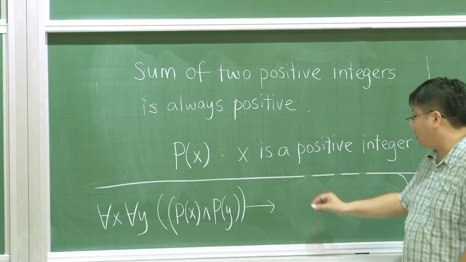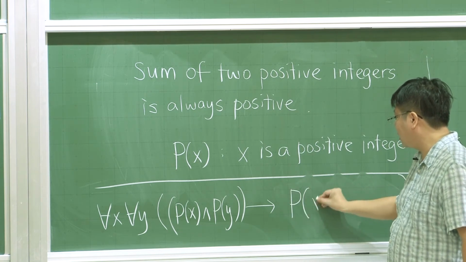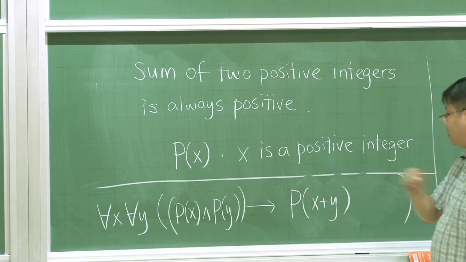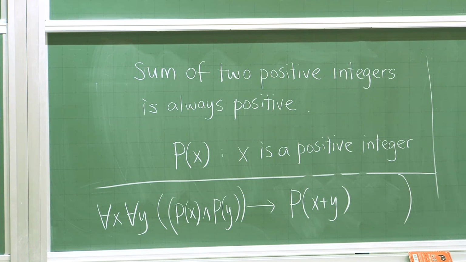I'm simply saying that this is P(x plus y). Does that make sense? So we remove a variable, and it has the same meaning. So for every x, for every y, whenever P(x) and P(y) are true, then P(x plus y) will also be true. Is that okay?